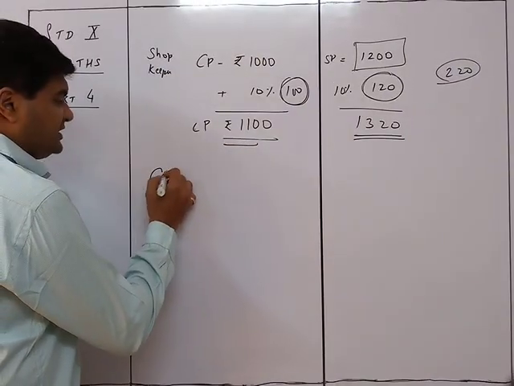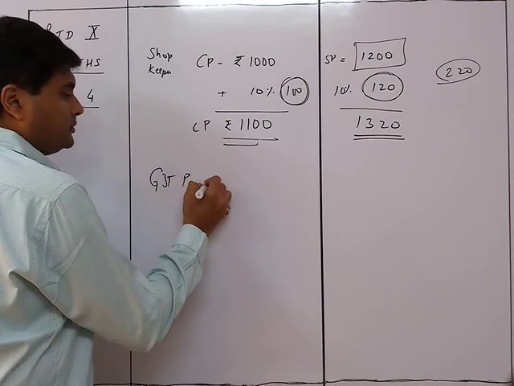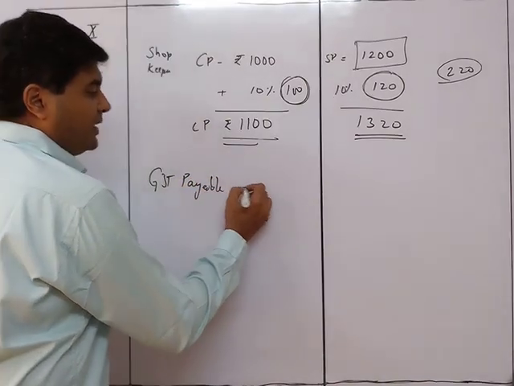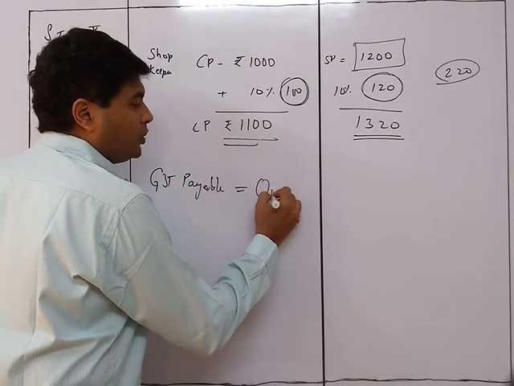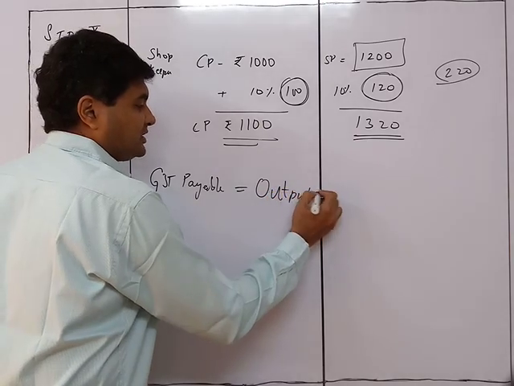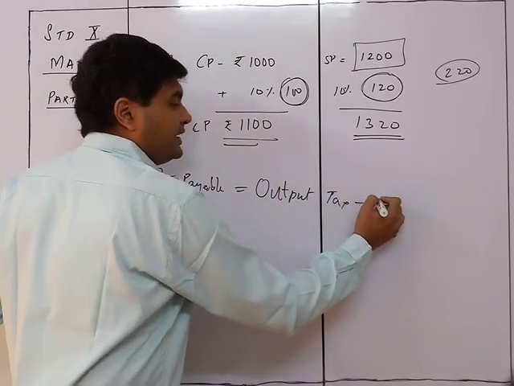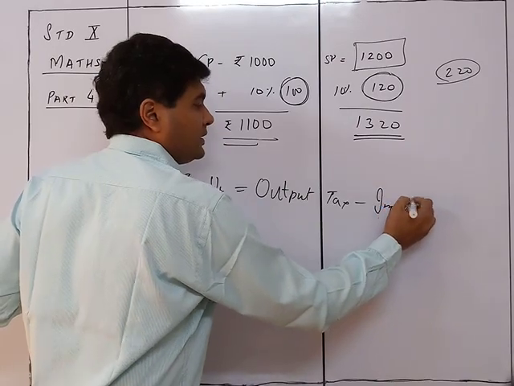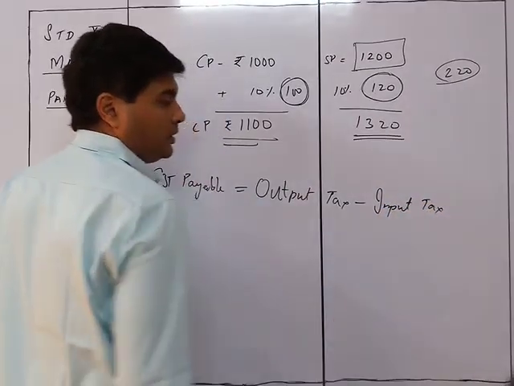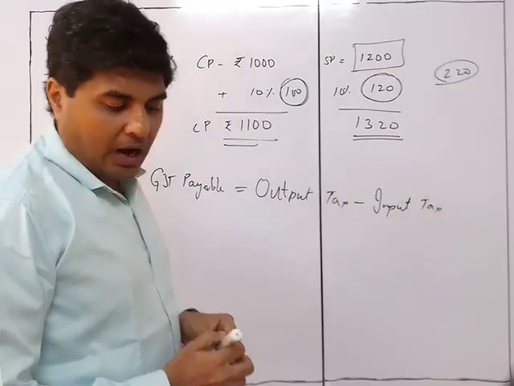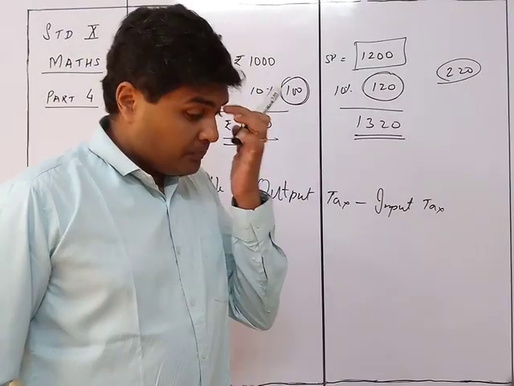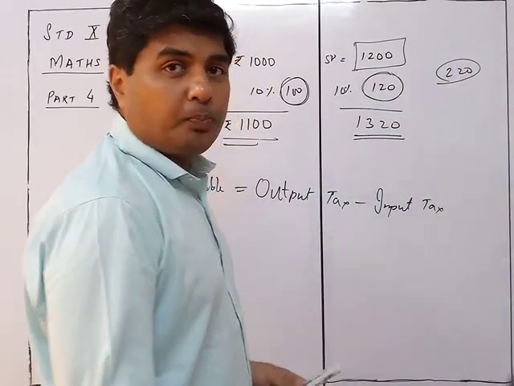So GST payable is given by the formula: output tax minus input tax. What do you mean by output tax?